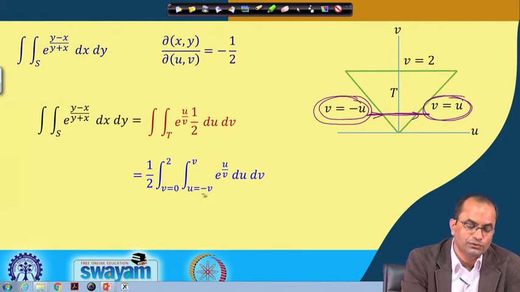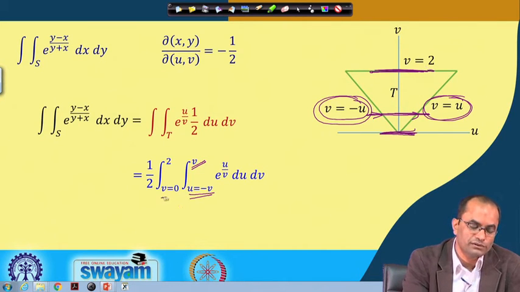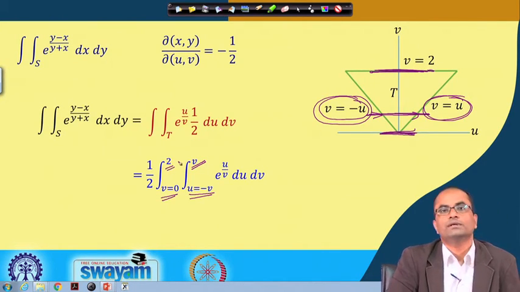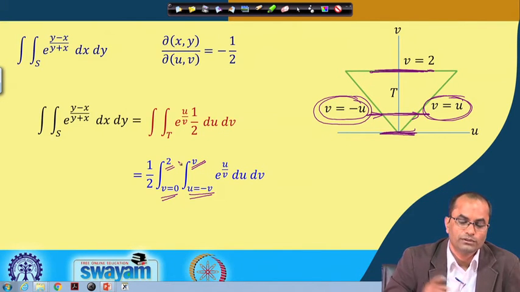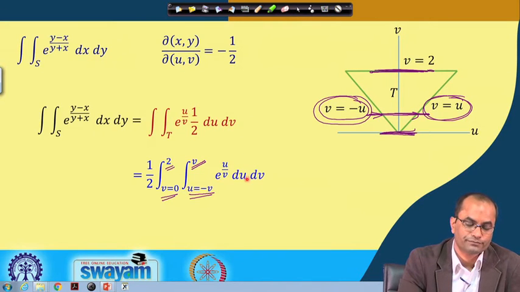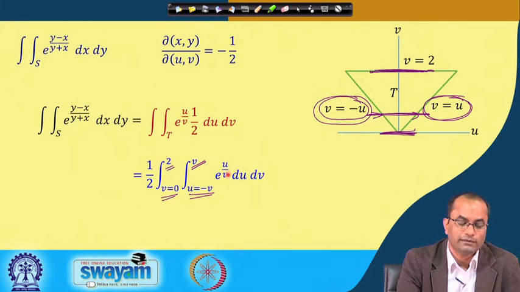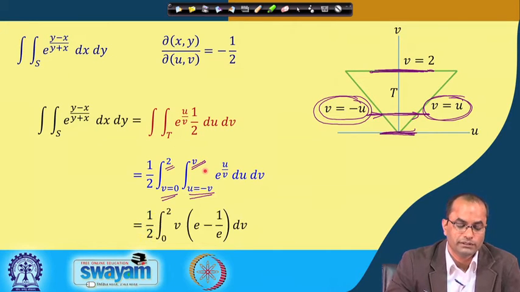So, we have u is equal to minus v and u is equal to v, and now such lines are moving from v is equal to 0 to v is equal to 2. So, v is equal to 0 to v is equal to 2, that is the simple limits for this new domain, and now we can easily integrate this e power u over v with respect to u. So, this will give e power u by v with one v sitting in the numerator.